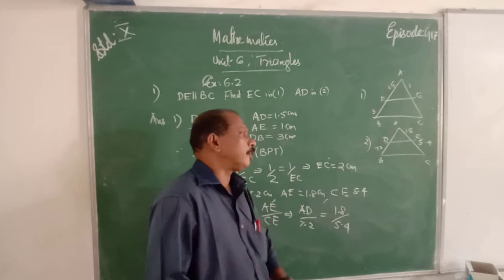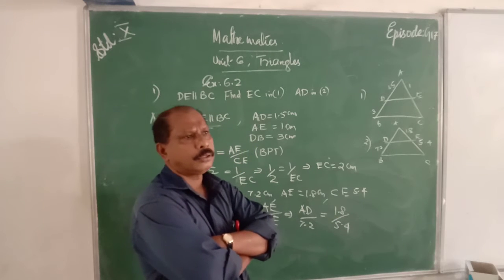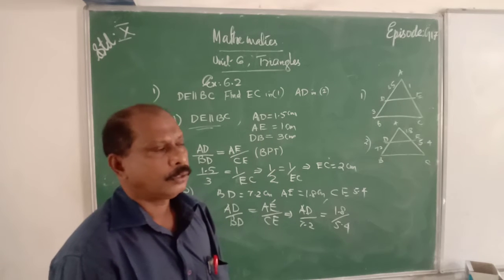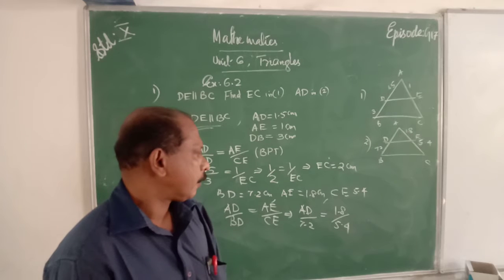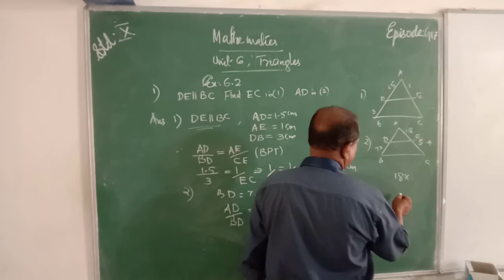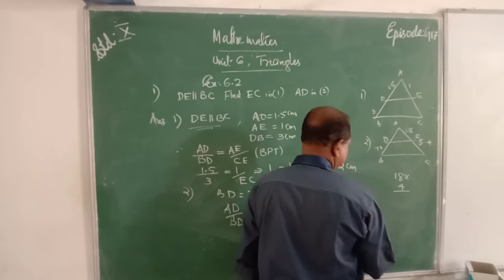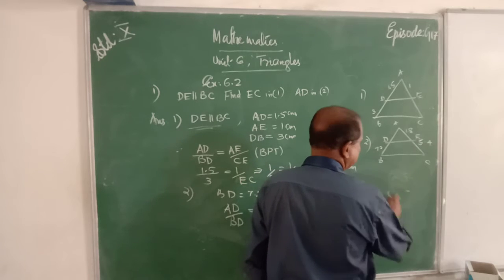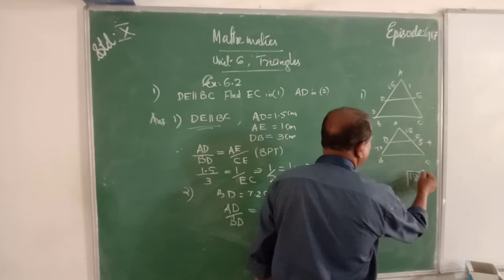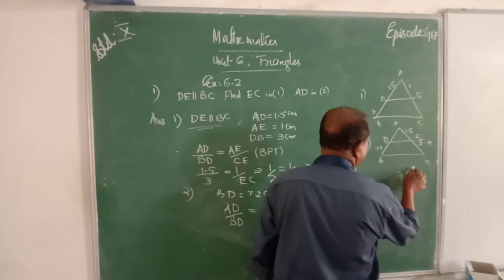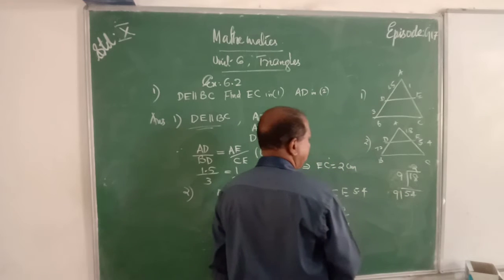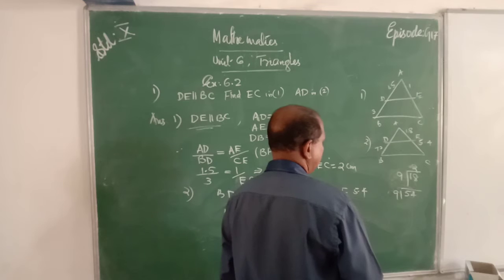Simplifying the ratio 1.8 by 5.4: multiplying by 10, it is 18 by 54. 18 is divisible by 9, we get 2, and 54 is divisible by 9, we get 6.